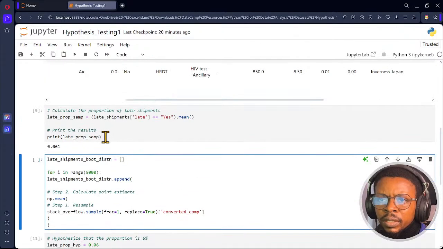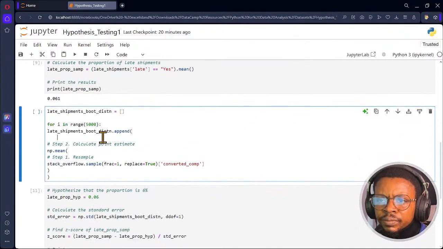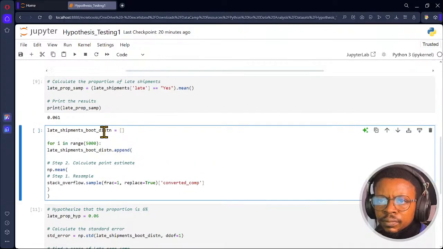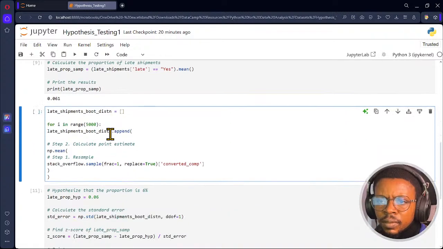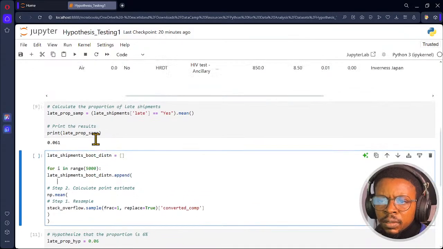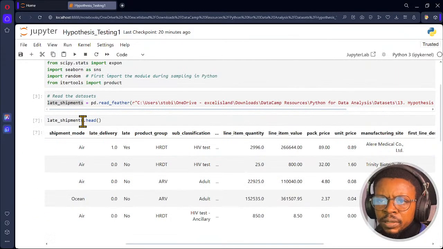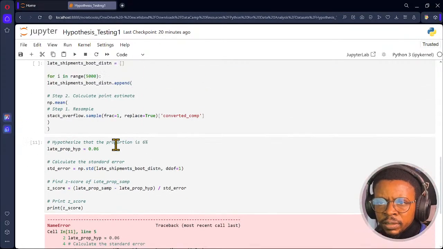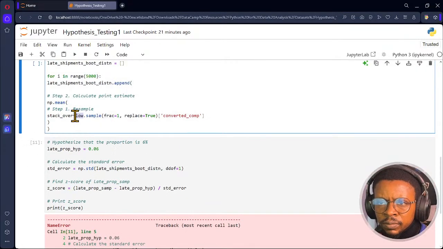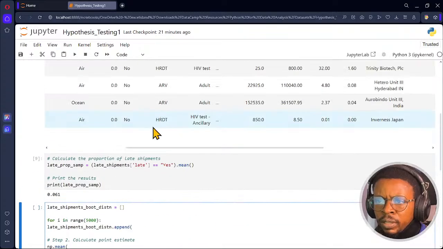Mine is going to be my late shipment in this instance, dot sample, converted. So it's going to be the late column.